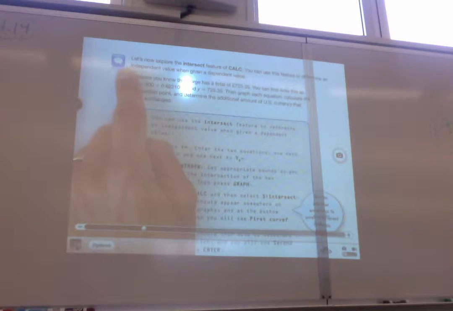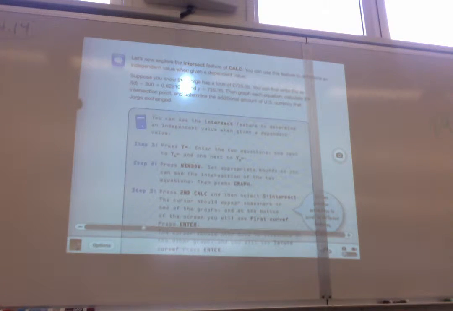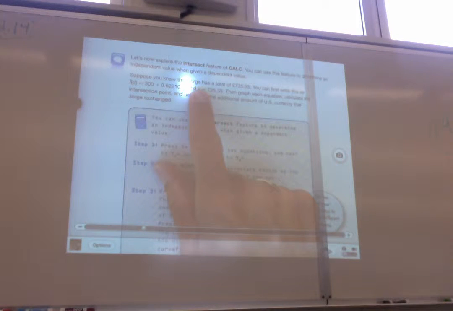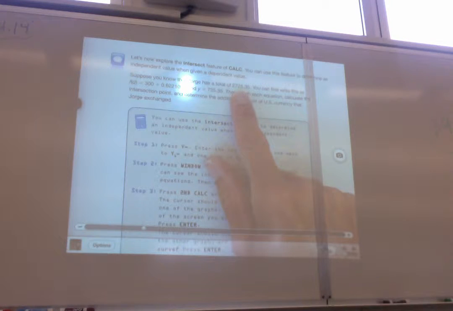Now let's explore the intersect value of calc. You can use this feature to determine an independent value when given a dependent value. Suppose you know that George has 725.35 pounds.